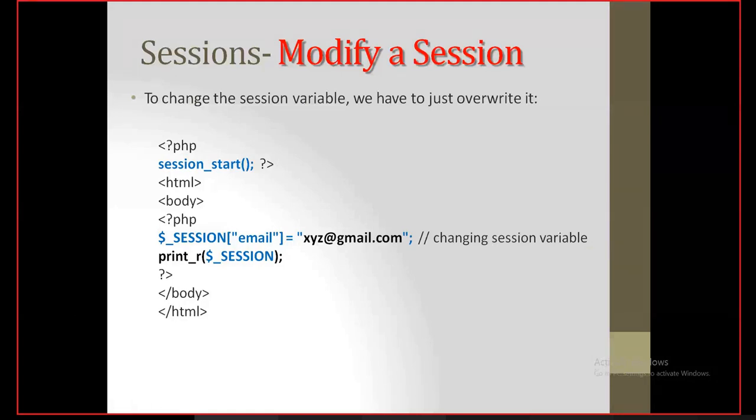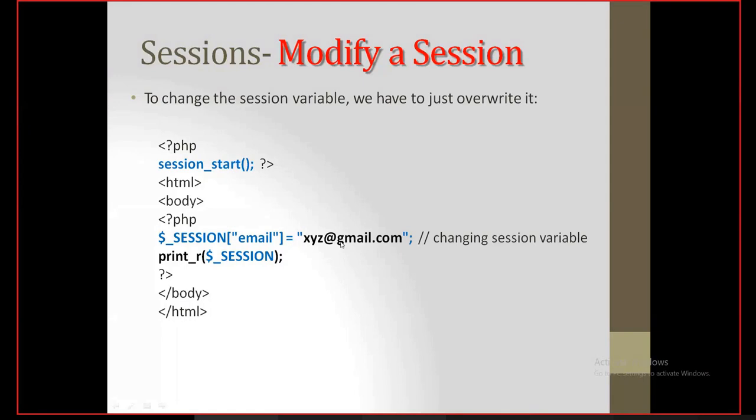In that, again, we are using the same session super global variable, and we are mentioning the same session variable name, that is email. But the value earlier was abc@gmail.com. Now it is being modified to xyz@gmail.com. Right?